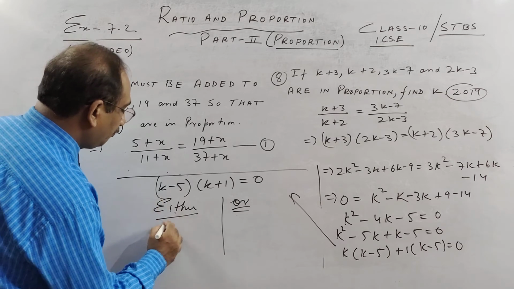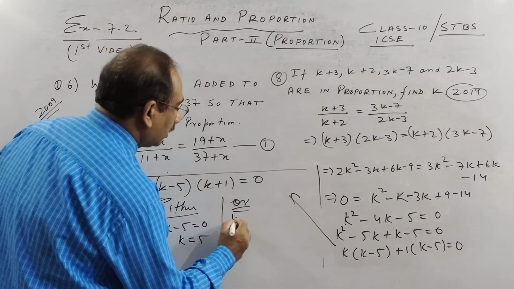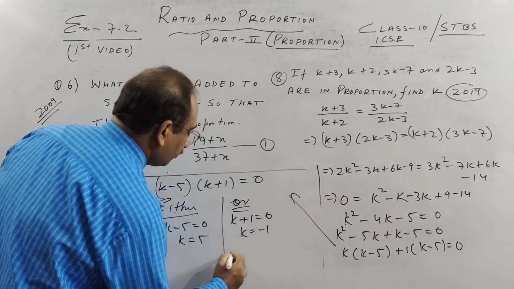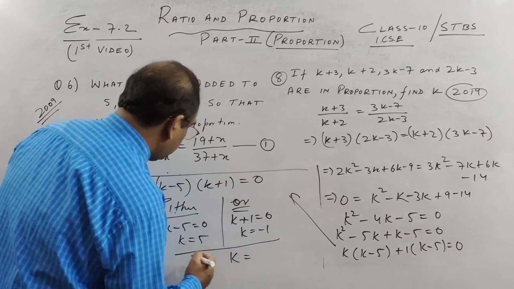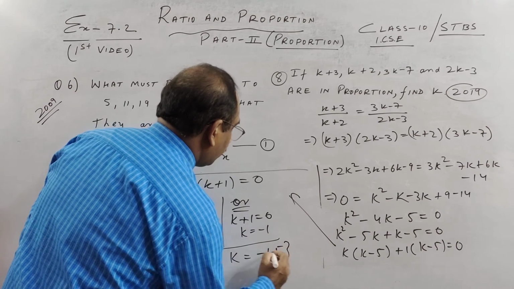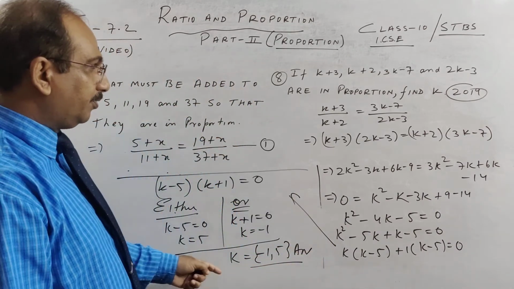See, k minus 5 is 0, so k is 5. k plus 1 is 0, so k is minus 1. So finally k, to make the work easier for your examiner or teacher, is minus 1 and 5. So you have two answers here, children, for the value of k.